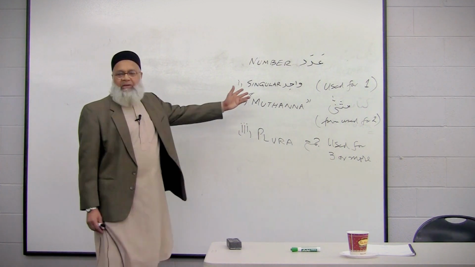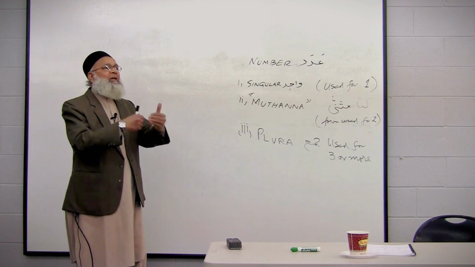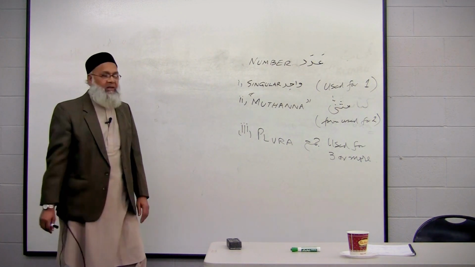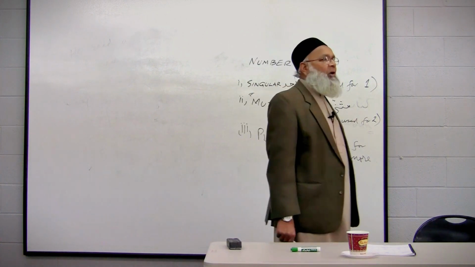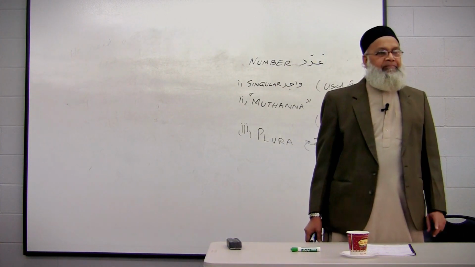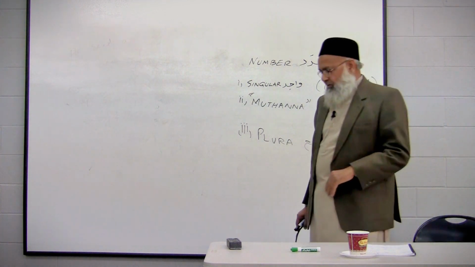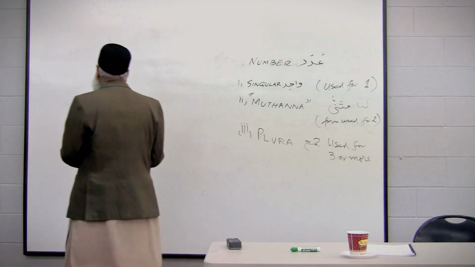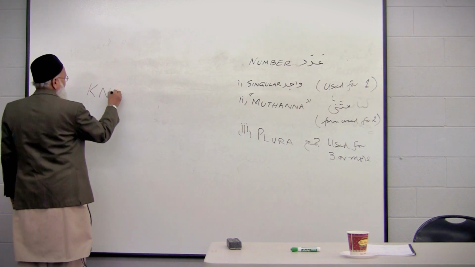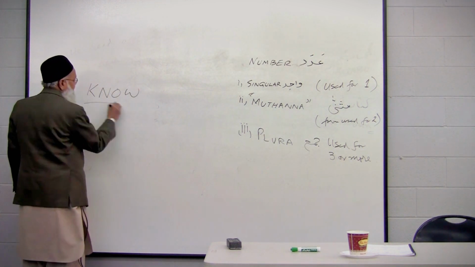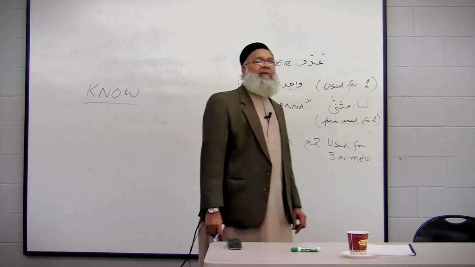Wahid, singular, is basically the first form. And then you form the Muthanna from that, derivatives. This concept of derivatives in Arabic is very beautiful. In English, it's very limited. You have a word K, N, O, W. How many derivatives from this do you have?